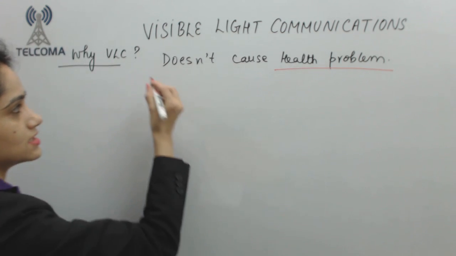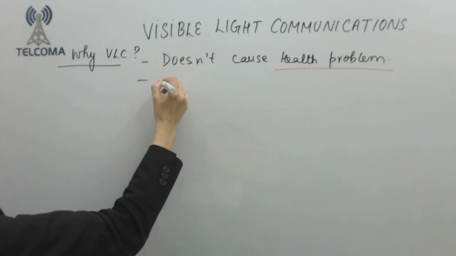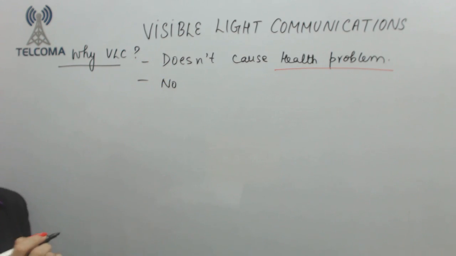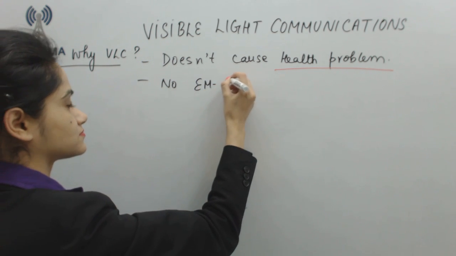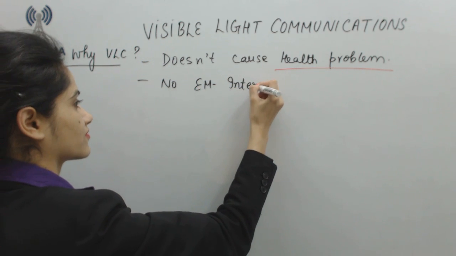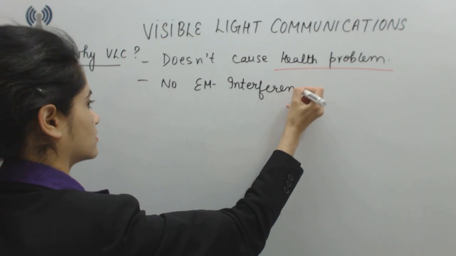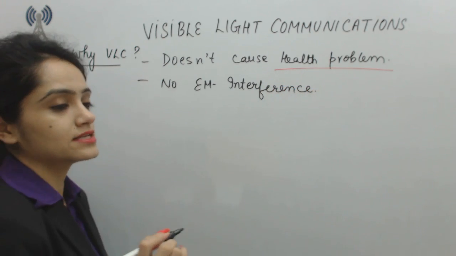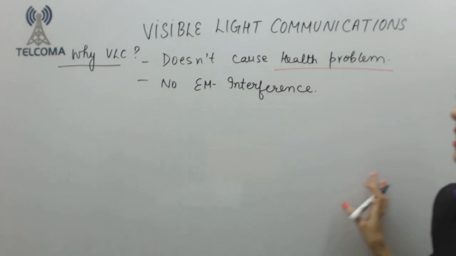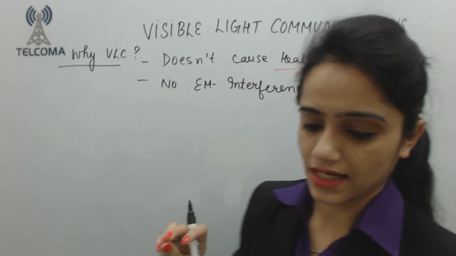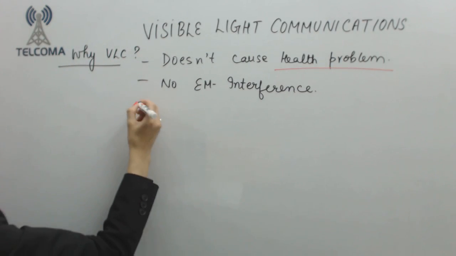Next, there is no electromagnetic interference. Interference is also less, or there will be none, with a visible light communication system.